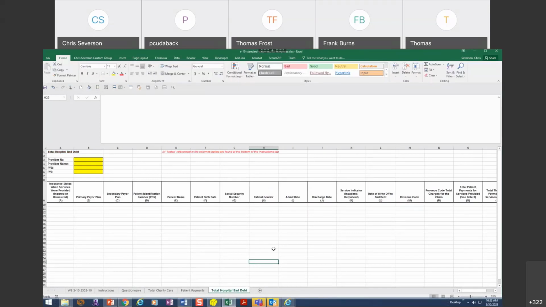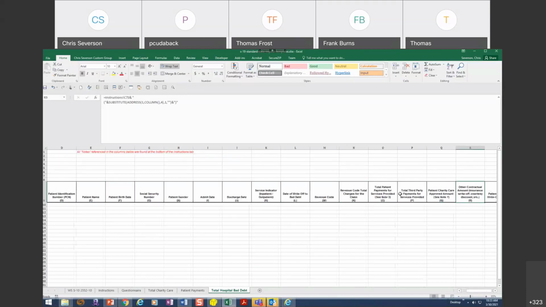I'm going to go through the last tab and then we'll move over to the questions again. So most of the total hospital bad debt tab is identical. The first columns A through K, they're the same thing, identifying the claim, the type of insurance status. But then we get to column L. Now it's the date of write-off to bad debt instead of charity care.